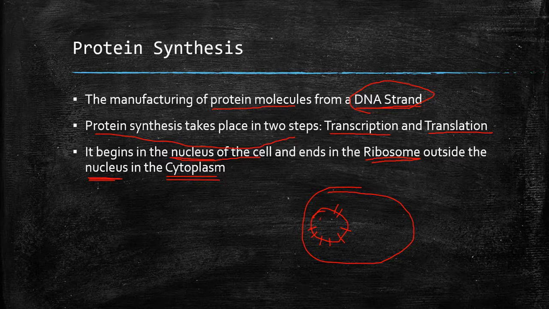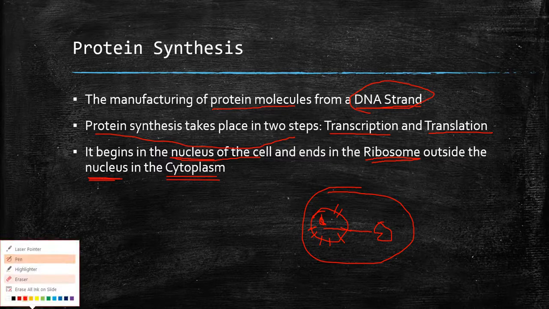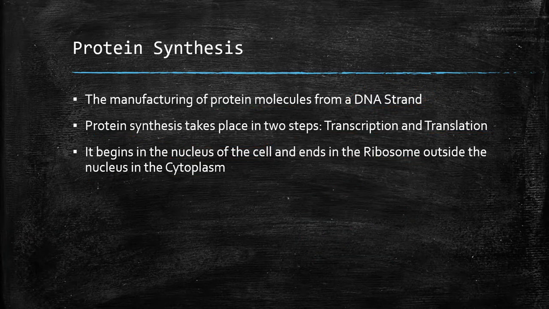We're going to have our DNA somewhere in there, and then we're going to have something that needs to leave and go to the ribosome in the cytoplasm. We're going to discuss that in detail in a bit. Just remember the names of the two processes that take place: transcription and translation. Transcription goes first and translation is last.